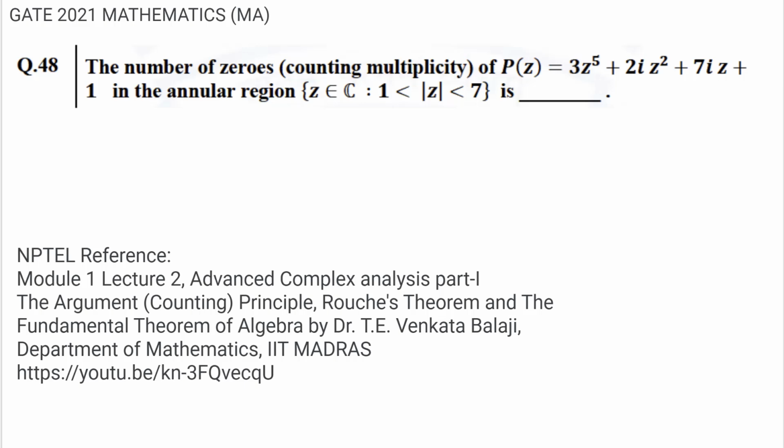So it is asked to calculate the number of zeros of this polynomial p of z inside this annular region 1 less than mod z less than 7.